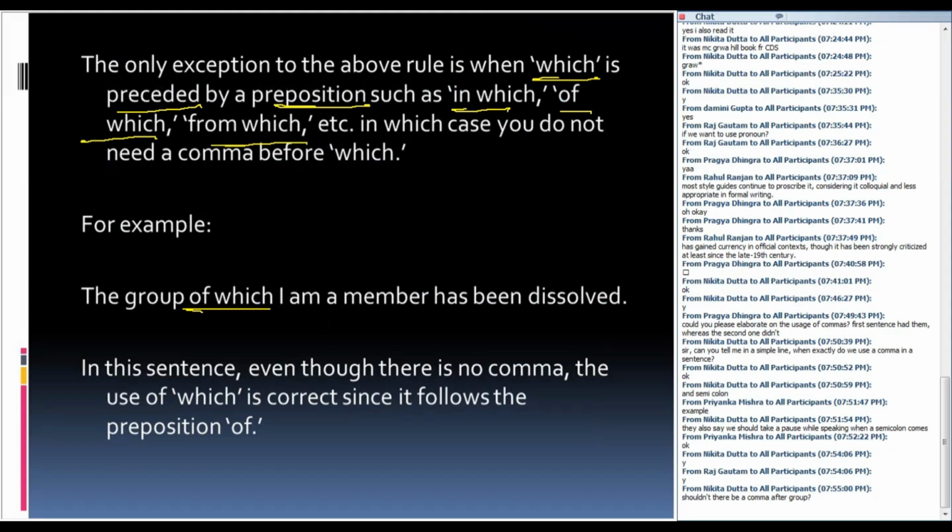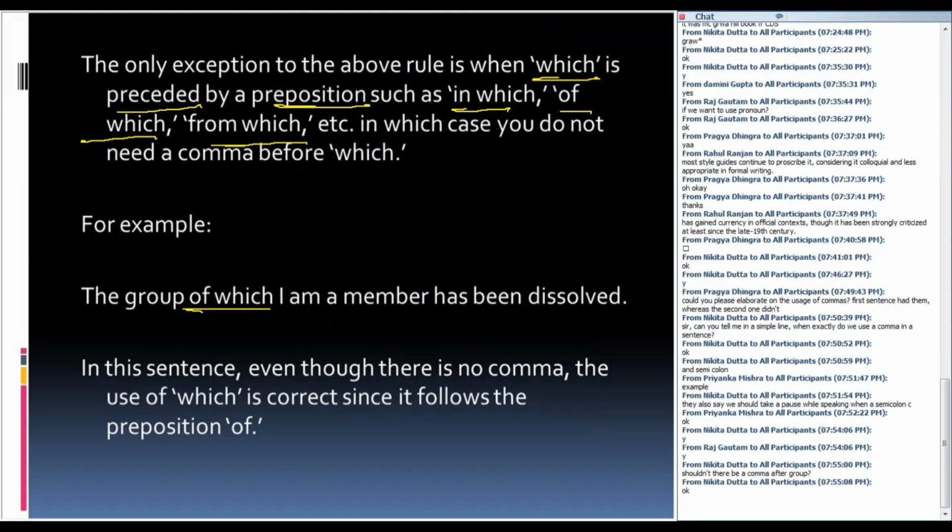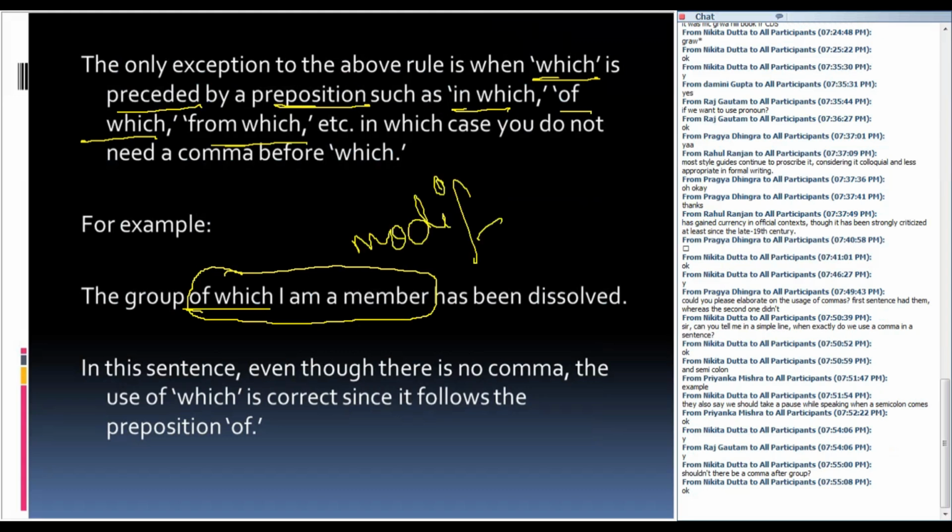No, no, Nikita. Why should there be no comma? Because, see, of which I am a member, this is a modifier. This is extra information about the group.